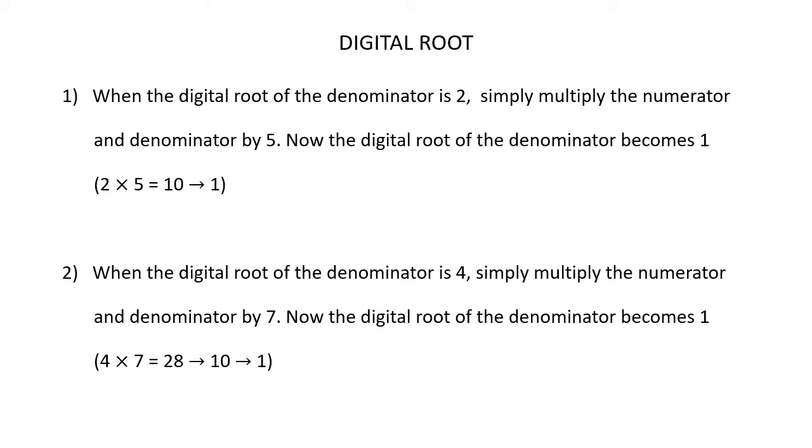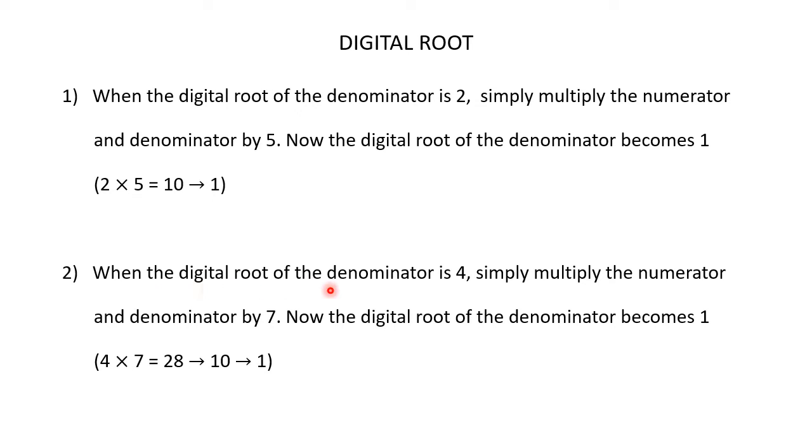So now let's understand how to make the digital root of the denominator as 1. When the digital root of the denominator is 2, simply multiply both the numerator and the denominator by 5. Now the digital root of the denominator becomes 1 because 2 multiplied by 5 is 10 and 1 plus 0 is 1.